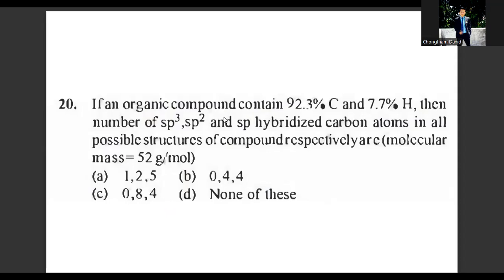So let us see, we'll consider it in this way.